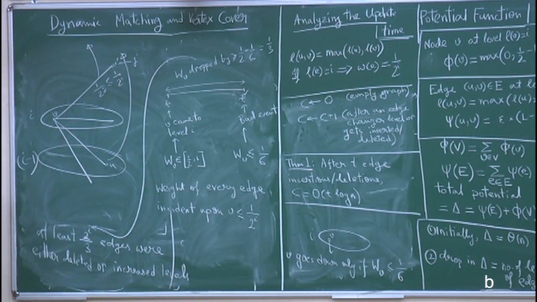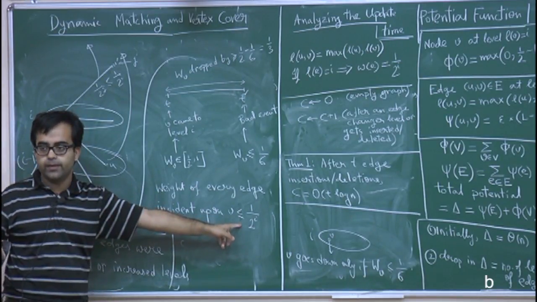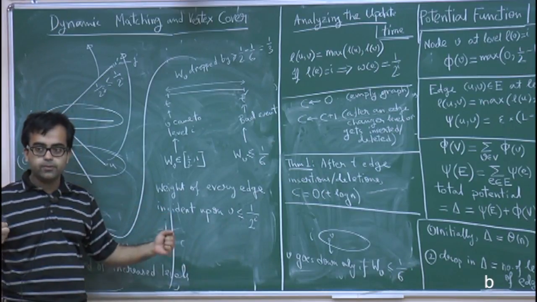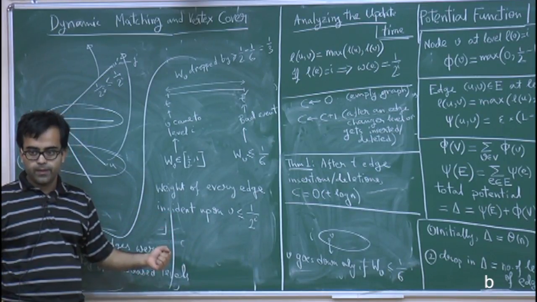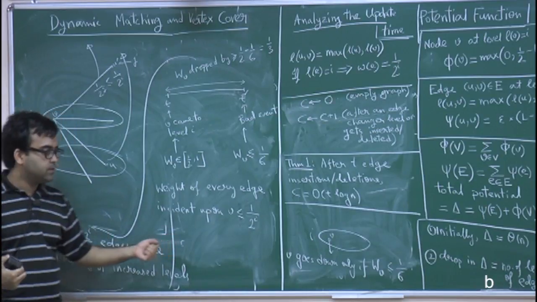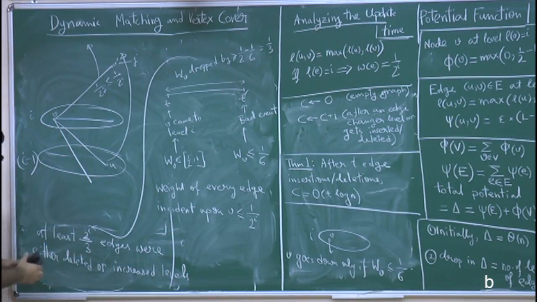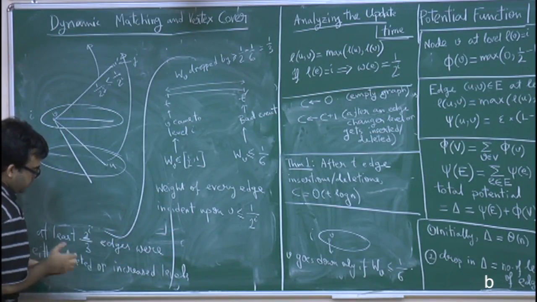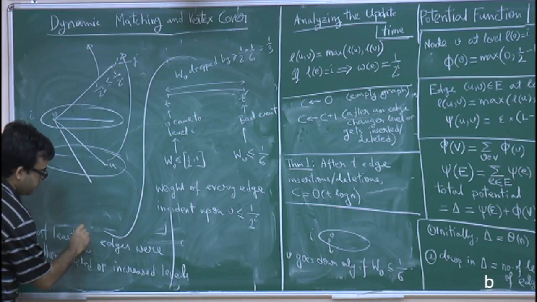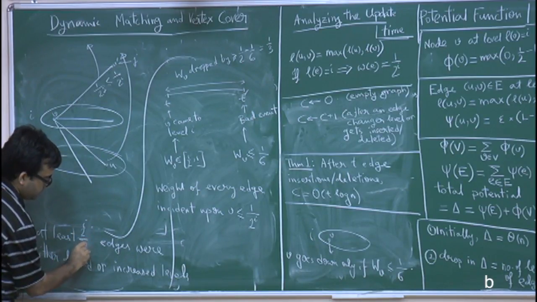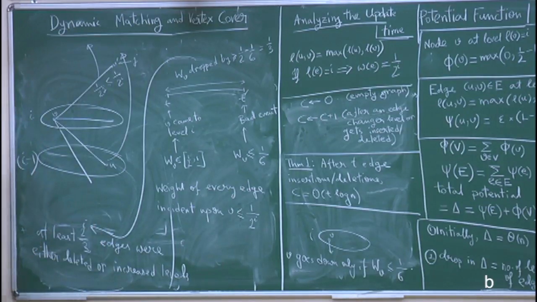That is correct, right? Because each edge incident upon V makes a contribution that is at most 1 by 2 to the power I. So, for V's weight to change by delta, at least 2 to the power I times delta... I hope this is clear, I mean 2 to the power I by 3 many edges must have either increased their levels or gotten deleted.